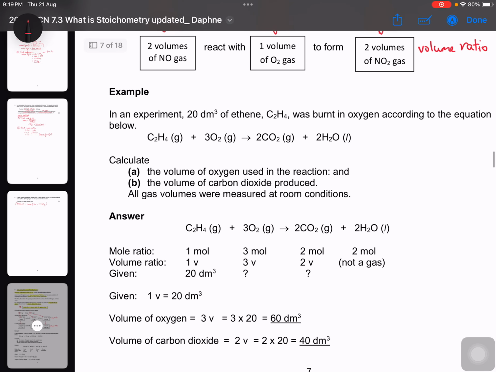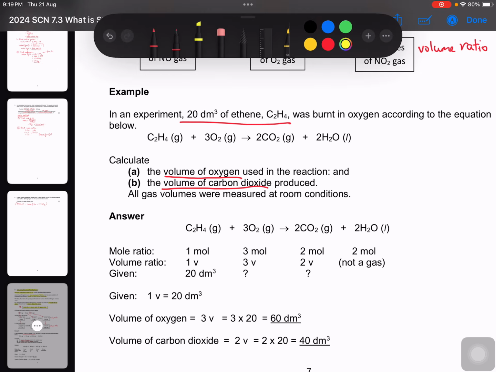Let's look at the first example. Again, let's underline the information that we are given. Any numerical value is important. We are told that 20 dm cube of ethene was burnt. What do we want to calculate? We want to calculate two things: the volume of oxygen and the volume of carbon dioxide. All of them are gases, and that's the important point.